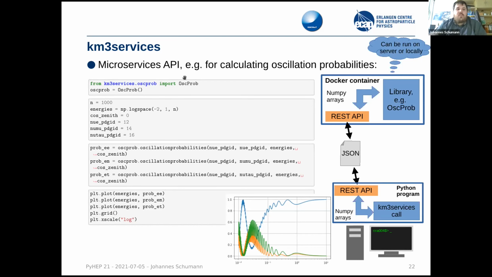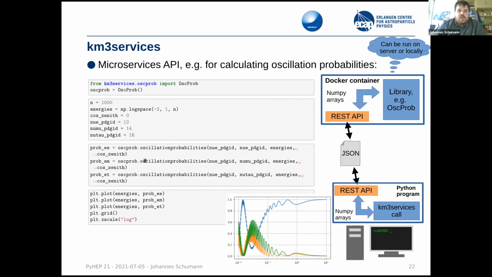In this case, for oscillation probabilities, we set up this oscillation probability object. We give the basic information: the number of bins, or in this case the energies, the cosine of the angle from the detector point of view, and then the PDG IDs of the neutrino types.